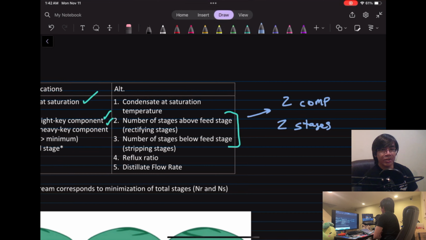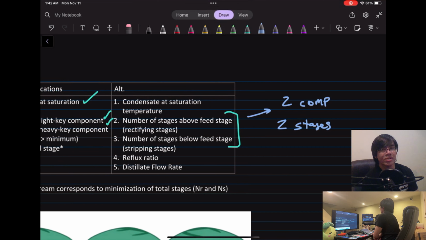Usually that's not the way to go, and the reason is because it makes it exceptionally harder, since now instead of specifying the number of stages, when we go to do this in Python, we're specifying composition, so molar fractions. Maybe I want the more volatile component to be 95%, like in our example of the alkanes, in the distillate, and, well, that would be for binary mixtures, but sure, let's use a binary mixture.